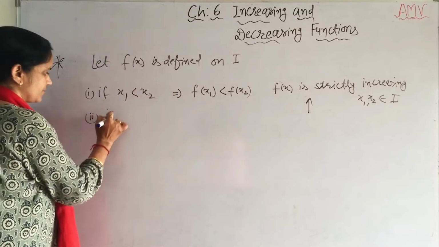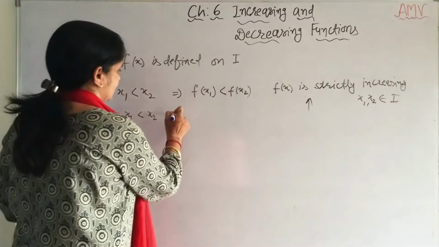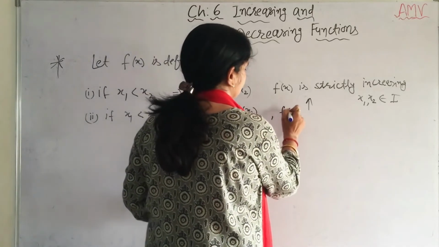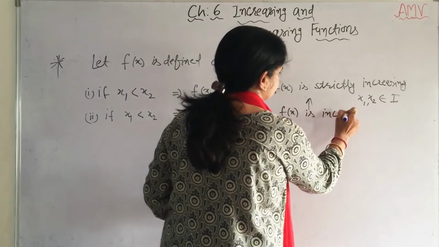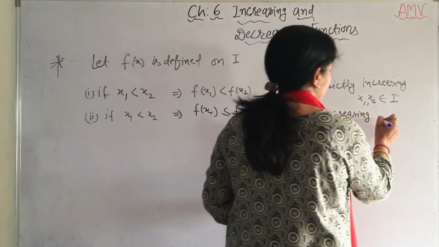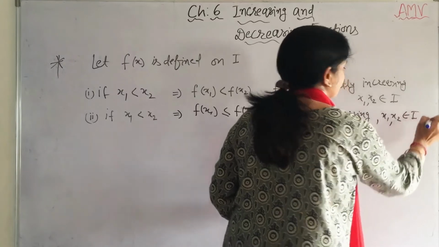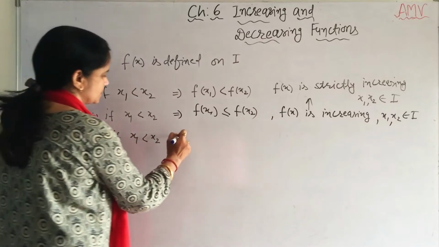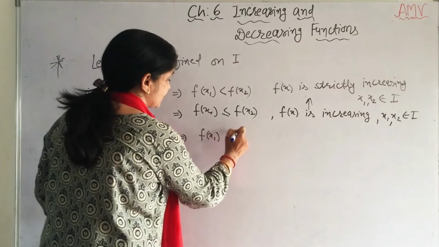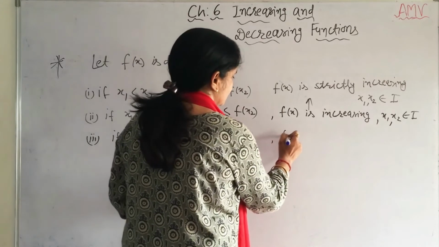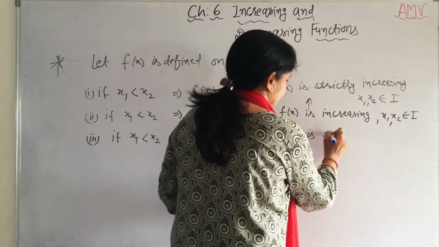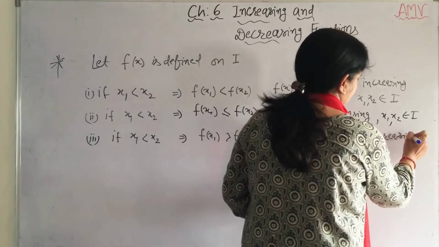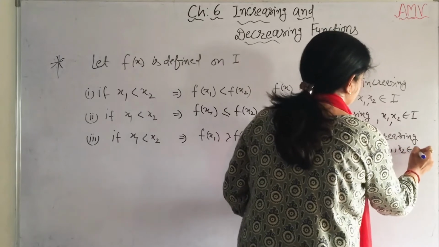Second, if x1 less than x2 implies f(x1) less than or equal to f(x2), then f(x) is an increasing function for all x1, x2 belonging to I. Third, if x1 less than x2 implies f(x1) is greater than f(x2), then f(x) is strictly decreasing for x1, x2 belonging to I.